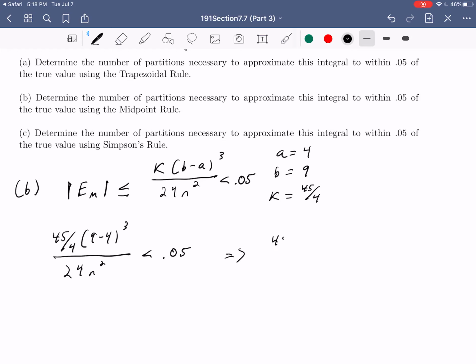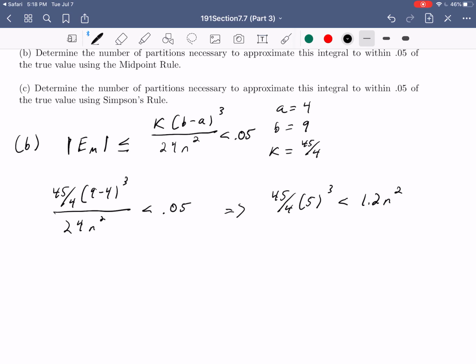So we get 45 over 4 times 5 cubed is less than 1.2 n squared. And then that's going to give us 45 over 4 times 125 divided by 1.2, square rooted, needs to be less than n.